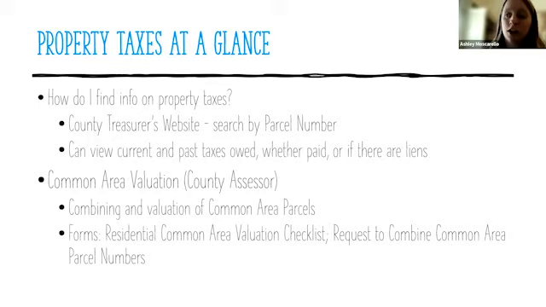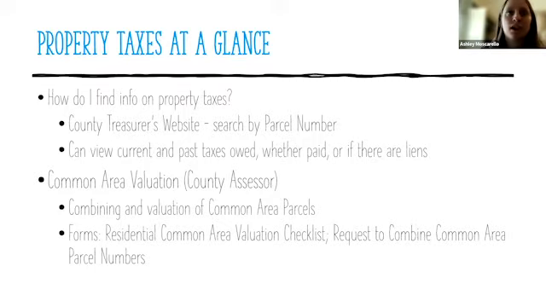I also wanted to touch on common area valuation, which I think most of you are probably aware of, but I did have some questions recently where some managers weren't sure or hadn't really run into this issue. But especially if you have a new-ish community and the common area has just been deeded over to the association from the builder or the developer, one thing you should make sure of, and you'll be getting the tax statement, so that's one easy way to see, is that there is a way to combine all of the association's common areas with the assessor and have them valued as common area instead of one of the other categories that the assessor values property at.